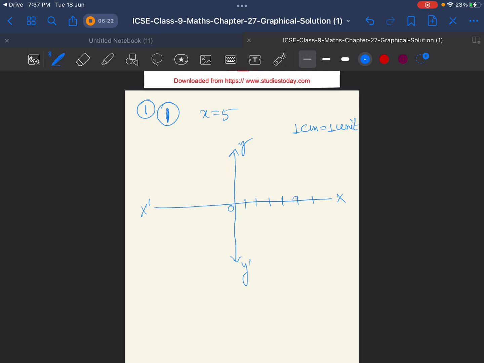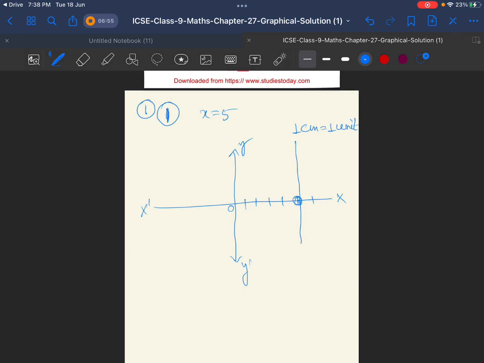This is 1 2 3 4 5 6. Here we plot this line in the graph. X O X dash is the horizontal line, and Y O Y dash is the vertical line, and O is the origin. So this is a Cartesian plane. We plot the line x equals to 5 in this graph.